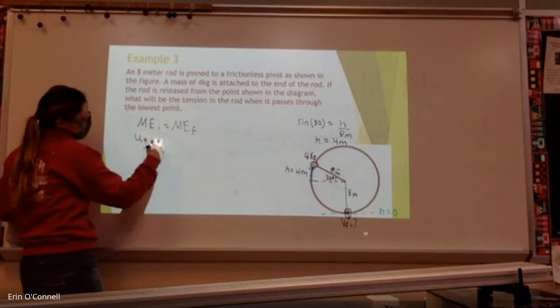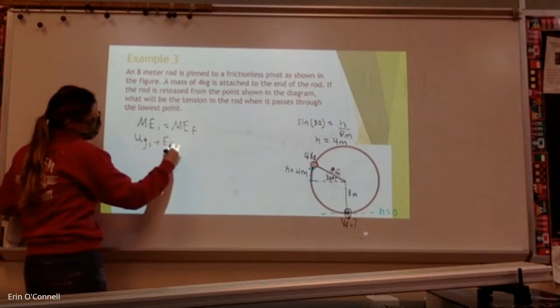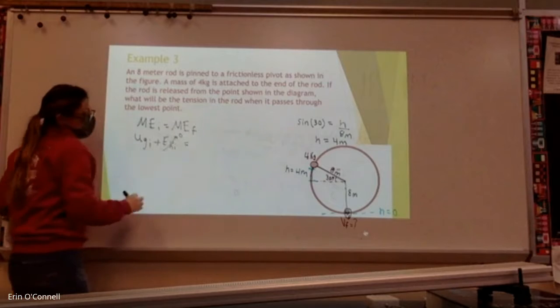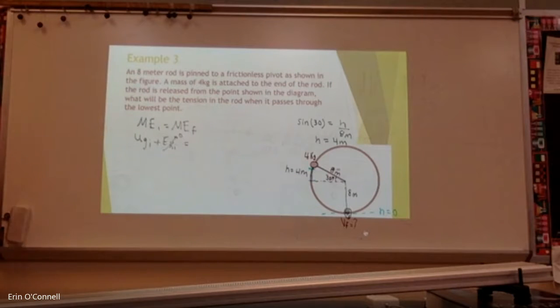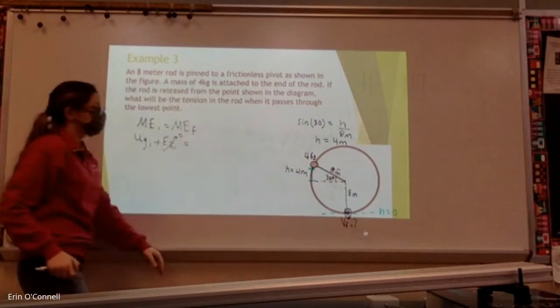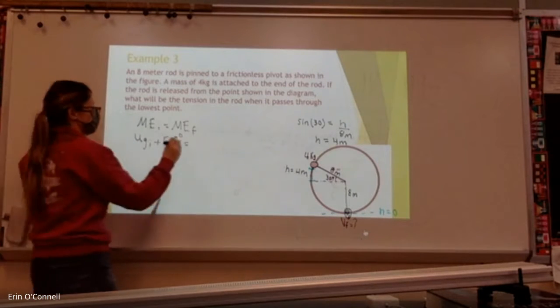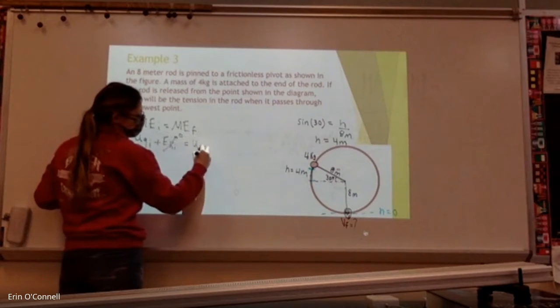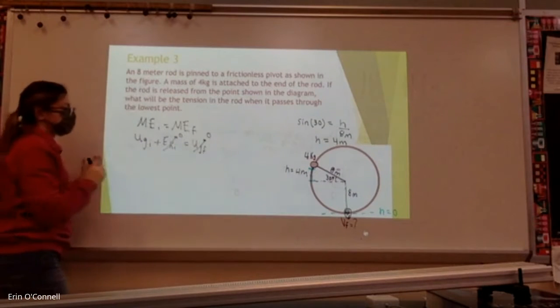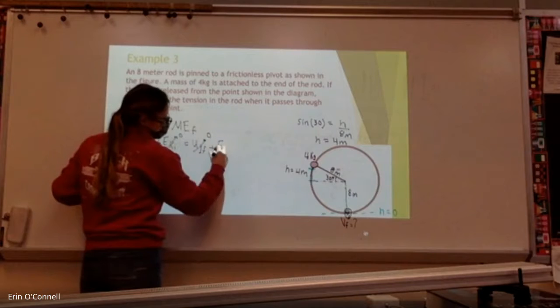There will be no kinetic energy initially. At the bottom of its path, its height we are going to assume is 0. That's our 0 line. So we'll have no final potential energy. It'll only have final kinetic energy.